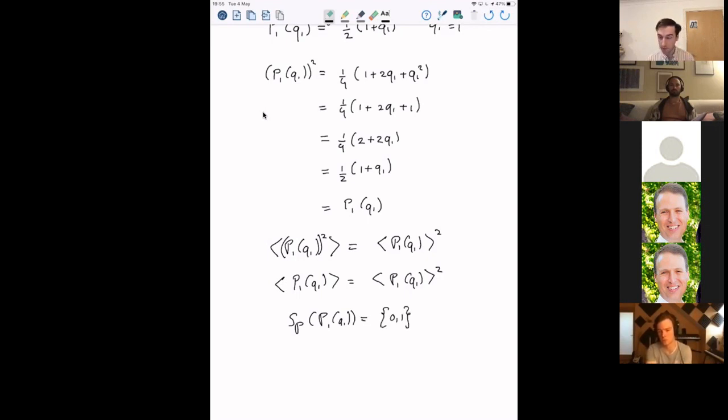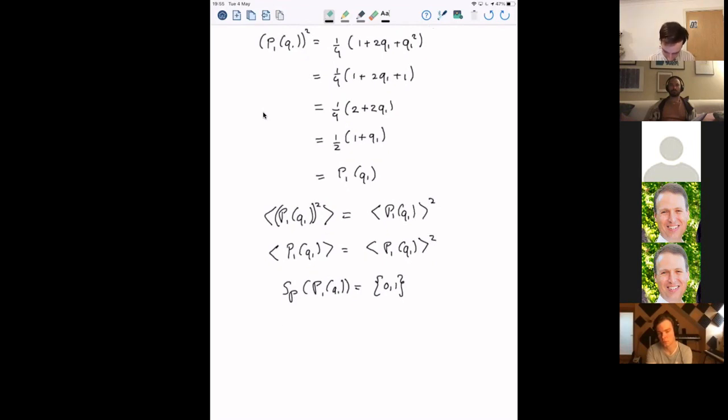And what it turns out is that this descriptor is the probability that you will measure the value 1 of Q1, which is why there's this little subscript 1 for P. In other words, this expectation value is the probability that you will measure Q1, the thing in the argument, to have value 1, the thing in the subscript.